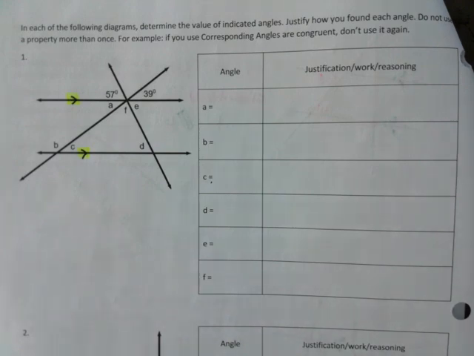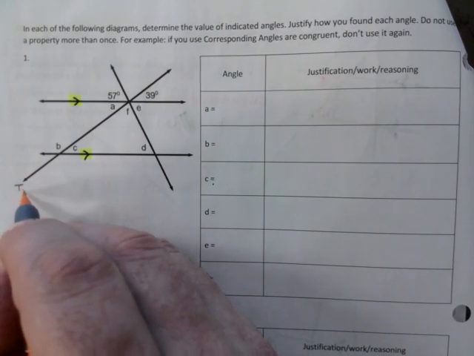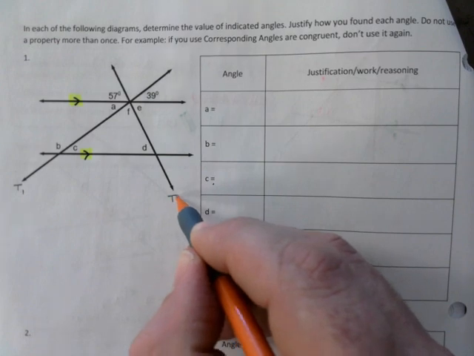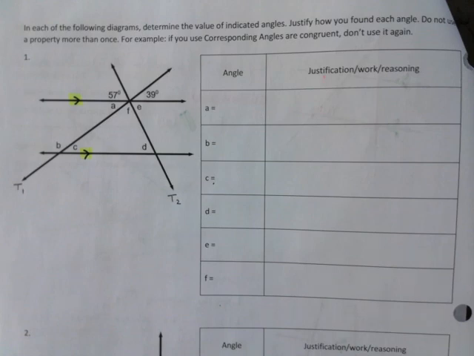And I'm going to focus on that. And you can call, if you want to, this transversal 1 and this transversal 2. Not terribly important to call them T1 and T2, but I just like to highlight that.